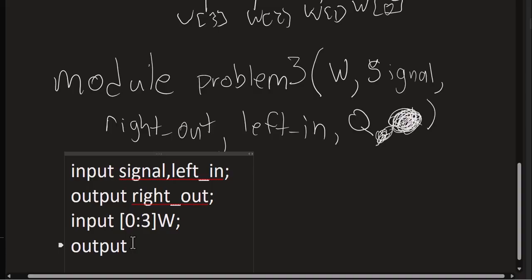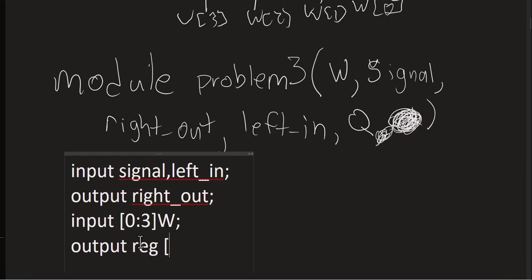I think it's output reg. Output reg [0:3] Q.